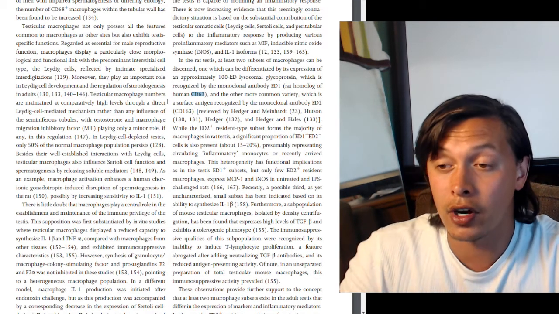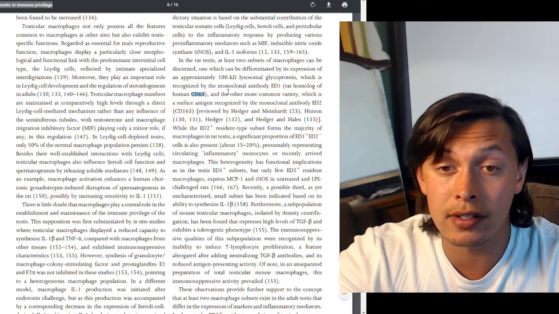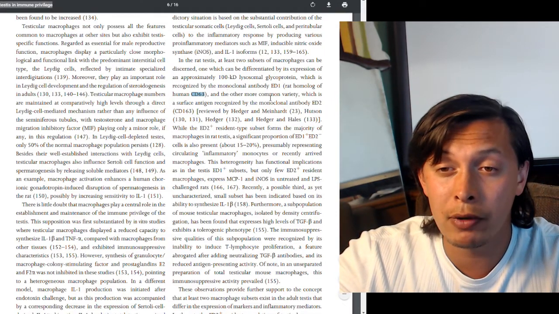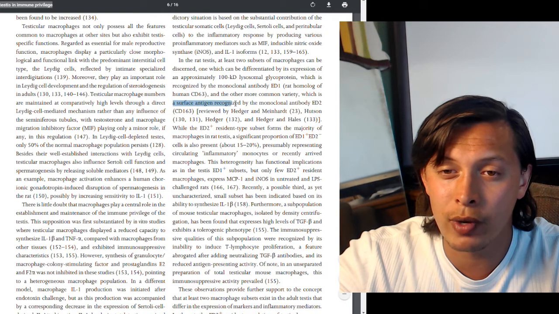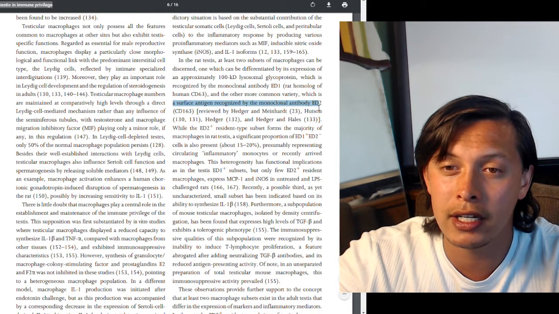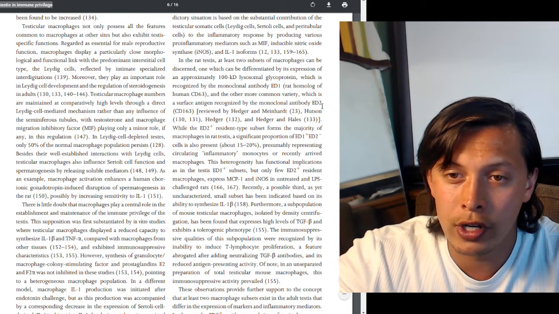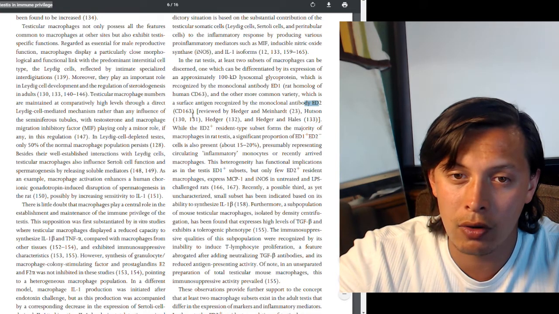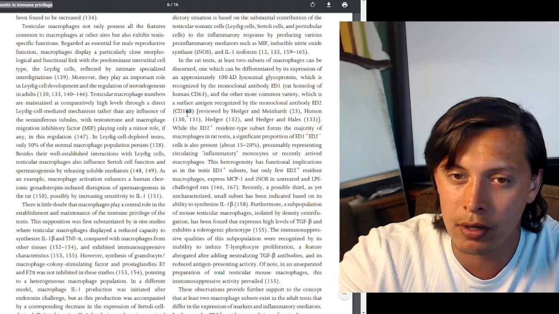Okay. Sorry, I'm just trying to make sense of this. And the other, more common variety, which is a surface antigen recognized by the monoclonal antibody ED2, has a human homologue, CD163. So I've seen CD163 before.